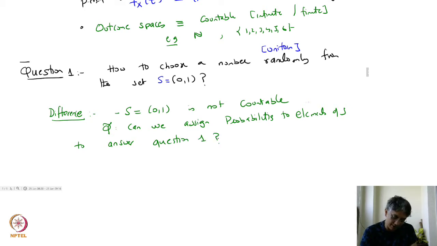This is something that one can immediately consider as a relevant question. Until now we have only done countable spaces S. Now I have a new setup, S equal to 0, 1. Can I do that?